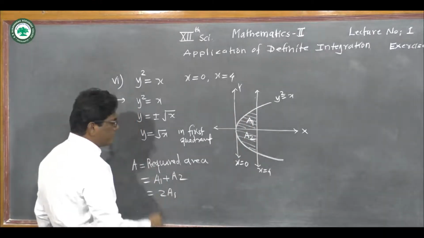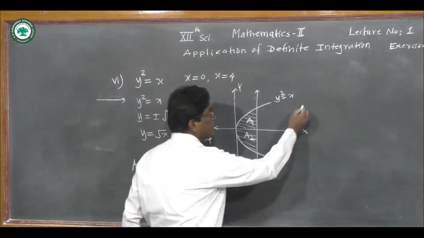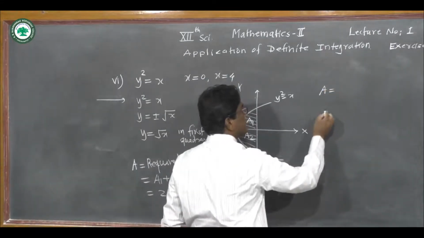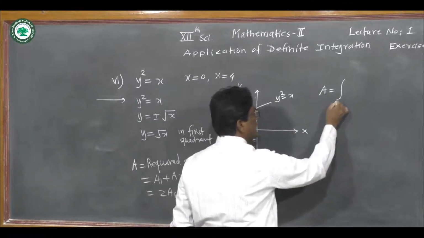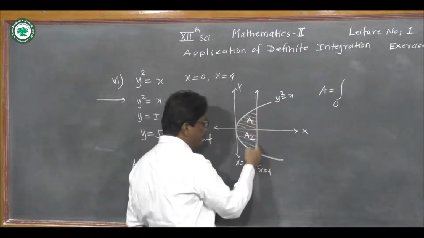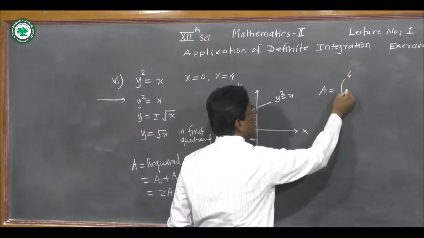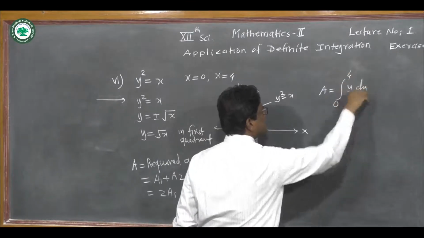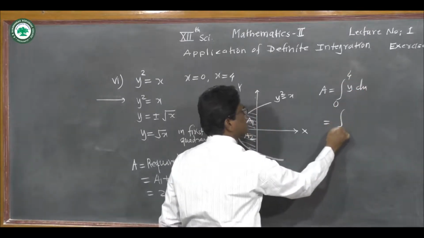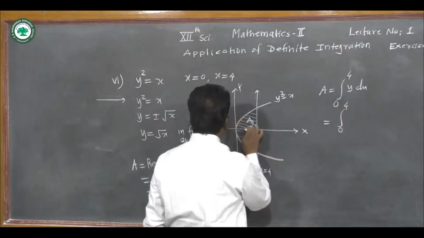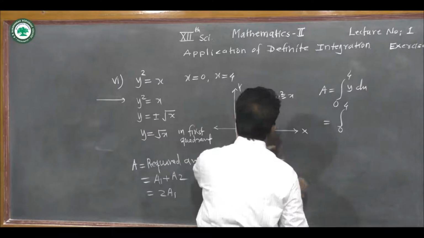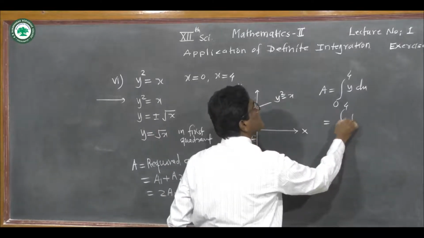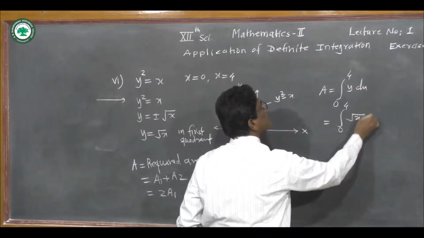So 2 times A1. So A is equal to required area, that is equal to integration from x is equal to 0, lower limit, to x is equal to 4, upper limit, of y dx. So it is equal to integration 0 to 4, y here we take root x. It is plus minus, but in the first quadrant we take plus, so plus root x dx.